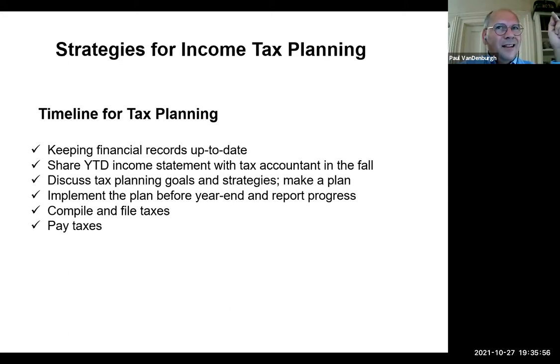But they did not extend the first quarter's estimated payment date. So for the quote unquote non-farmers out there who did not make that April 15th payment for the 2021 tax return, there likely will be a penalty for underpayment of estimated tax. That's going to be a problem when we go to file the 2021 returns next spring.